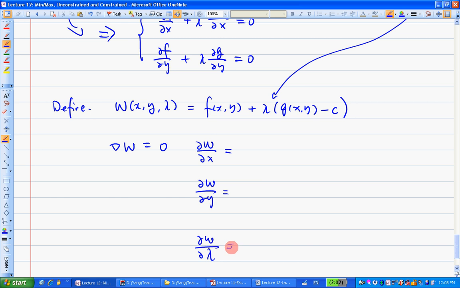Let's calculate each one of these partial derivatives and make it 0. Here is your W. What's the partial W over partial X?